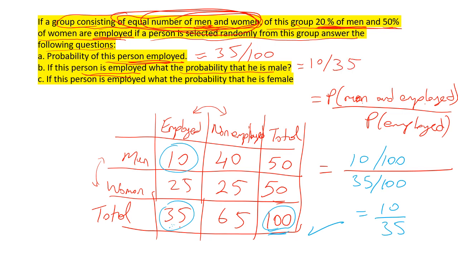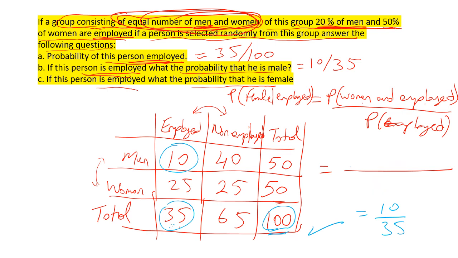Now, if the person is employed, what is the probability of female? What's the probability of female given employed? We will write the same thing for women here, and then do the calculation again for each of them. Now let's see.